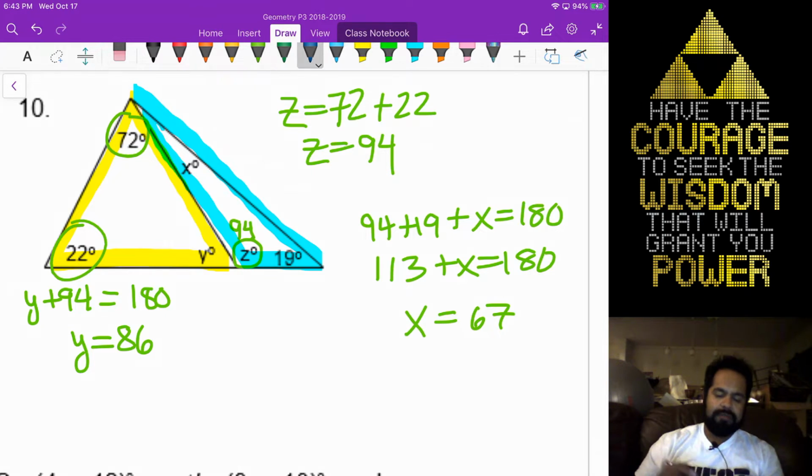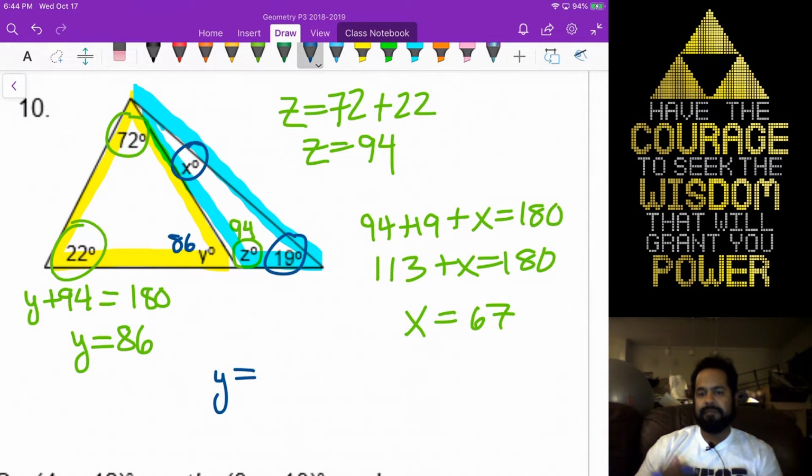Now an alternate way of doing x is I could say that since I already have my exterior angle of 86 degrees on the y, I know that y is supposed to equal the sum of the two remote angles. So I can also do it using this approach. So y equals x plus 19.